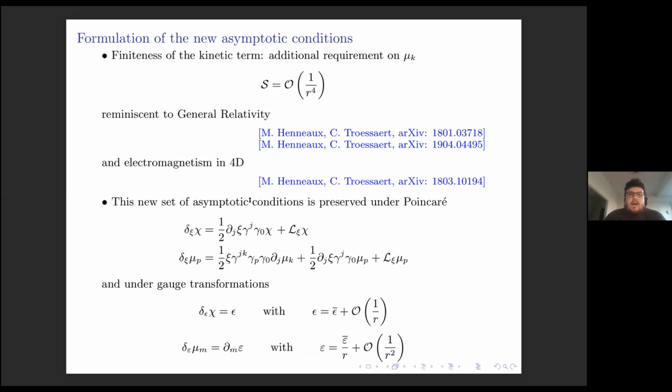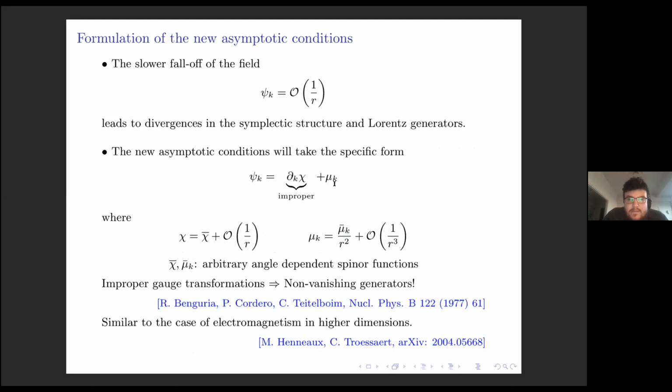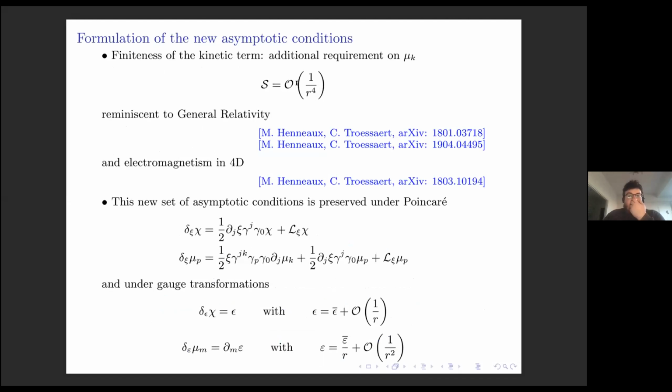One additional requirement that we have to ask on the mu field is that the constraint has to go faster, 1 over r to the 4. Naturally, it would go as 1 over r cubed, but now we ask it to go faster. And this is reminiscent of the case of general relativity and electromagnetism in 4 dimensions, as was discussed by Javier and by Cedric in the case of electromagnetism.